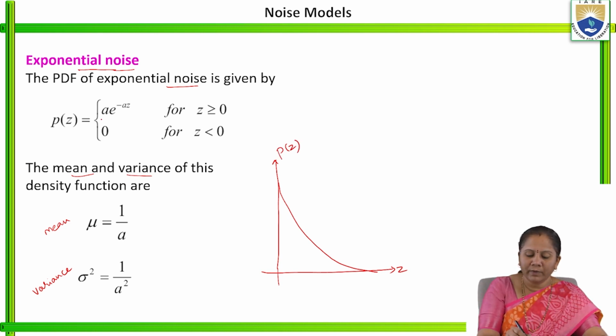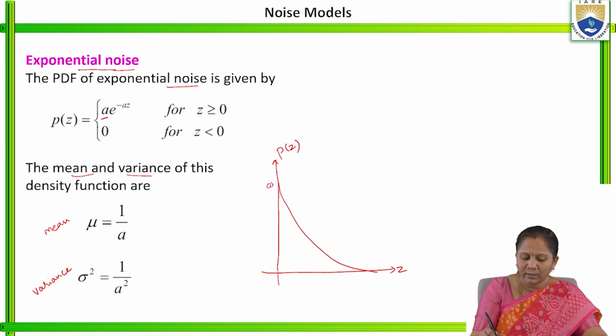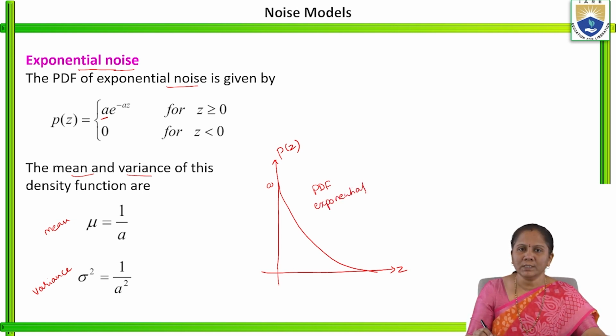And here we can observe the magnitude a. This is the point a. So this is the probability density function for the exponential noise model.